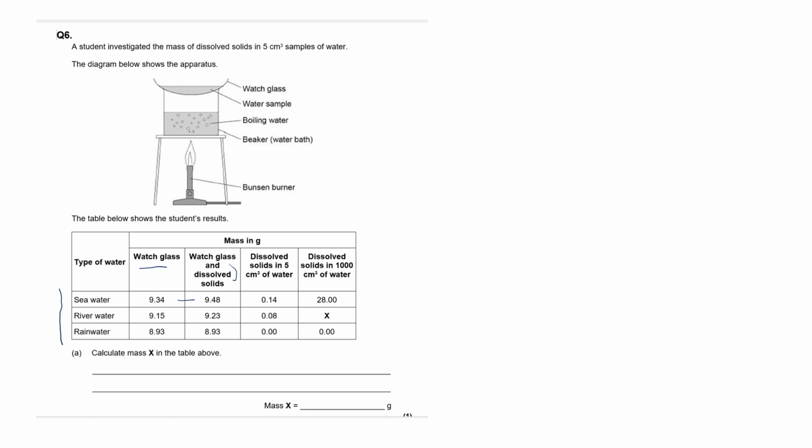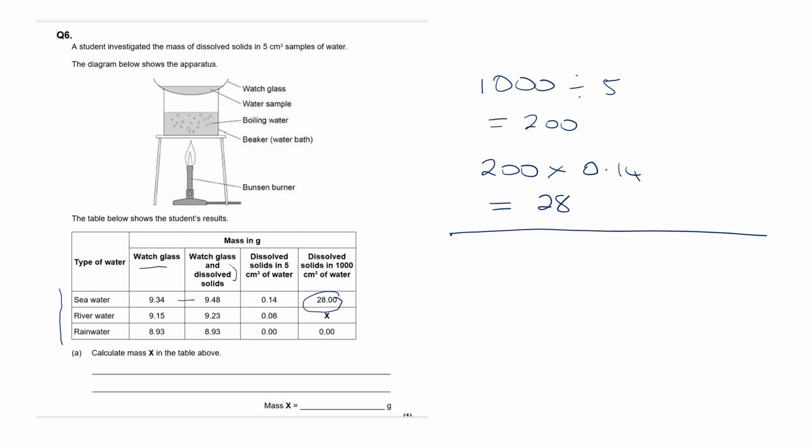So in order to have calculated this figure here, they will have divided 1,000 by 5, which equals 200. And they have then done 200 times 0.14, which equals 28. So once you've worked out how they've done the first full line, you can then apply that to the missing value.